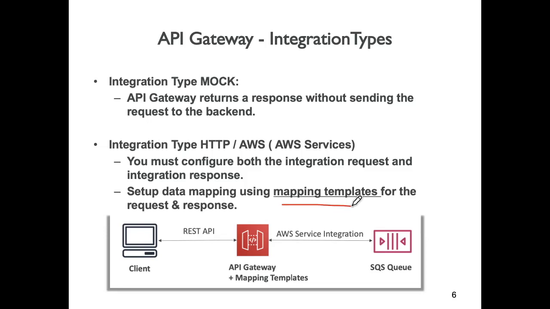You have to declare these mapping templates that express how requests should be transformed into the appropriate form so that they can be passed on to your back end. And equally, the response that comes back from the back end has to be transformed back into the HTTP form that is required by the client. That's all done by these mapping templates. They're quite verbose, from what little I've looked at them.